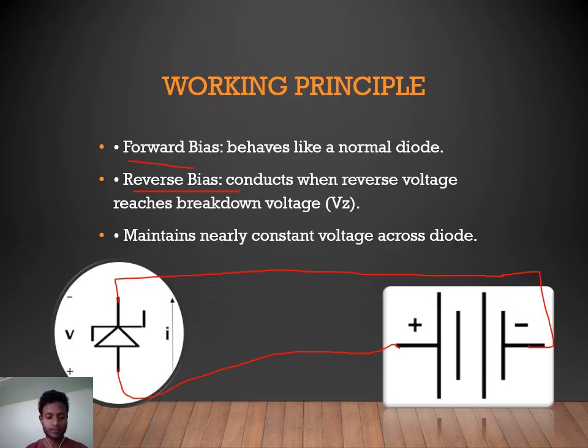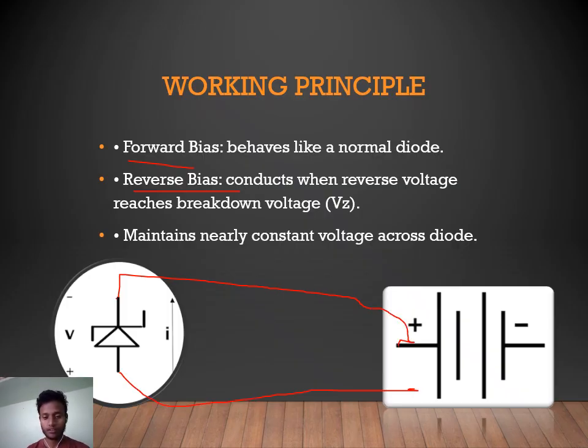But in reverse bias, the cathode is connected to the positive side and the anode is connected to the negative side. It maintains nearly constant voltage across the diode in reverse bias and forward bias also.